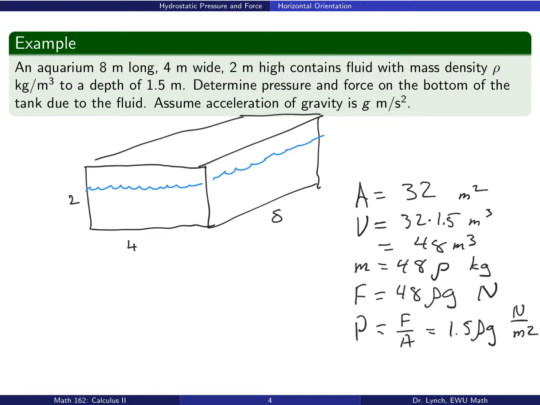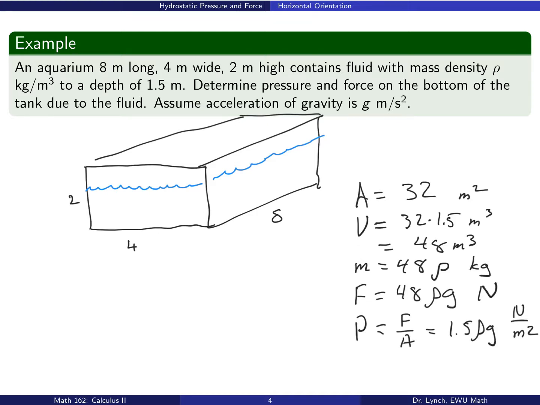The volume of the fluid above that base is 32 times 1.5 meters of depth, so 48 cubic meters, multiplied by the mass density of the fluid, rho kilograms per cubic meter, to find the mass of the fluid, 48 rho kilograms.